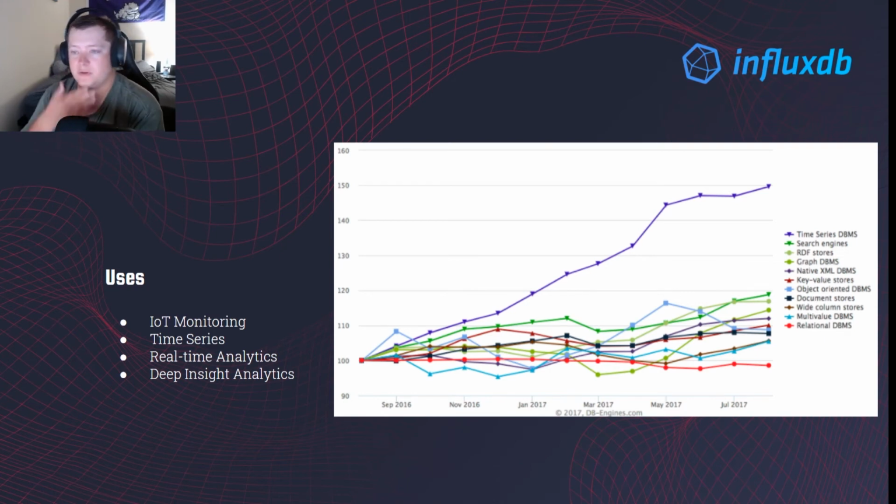And so many companies rely on the Influx database management system to hold their data, whether it be through monitoring and analytics or talking about how many people are staying in a certain place during a given time. Some of the uses that the Influx database management system can have is Internet of Things monitoring.